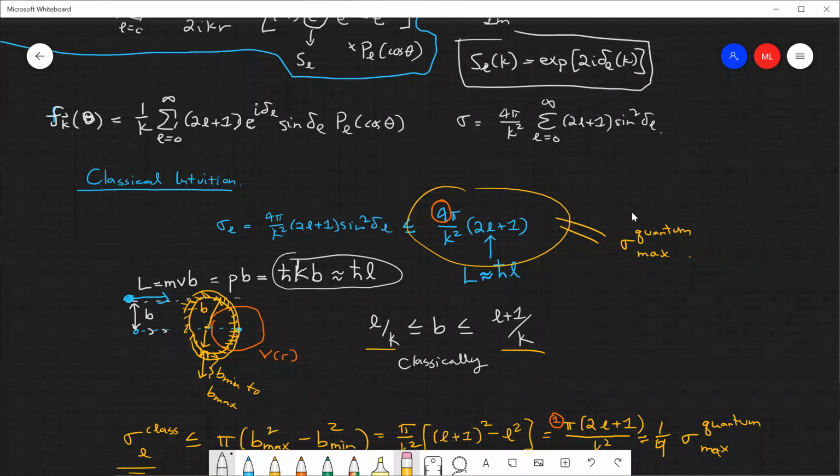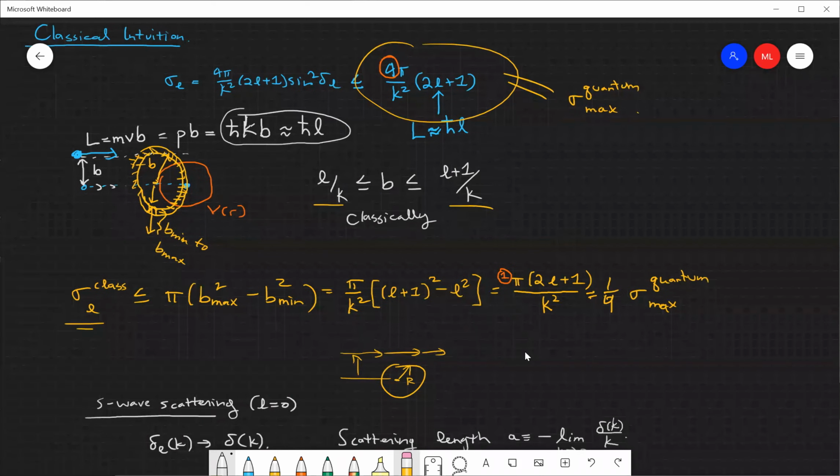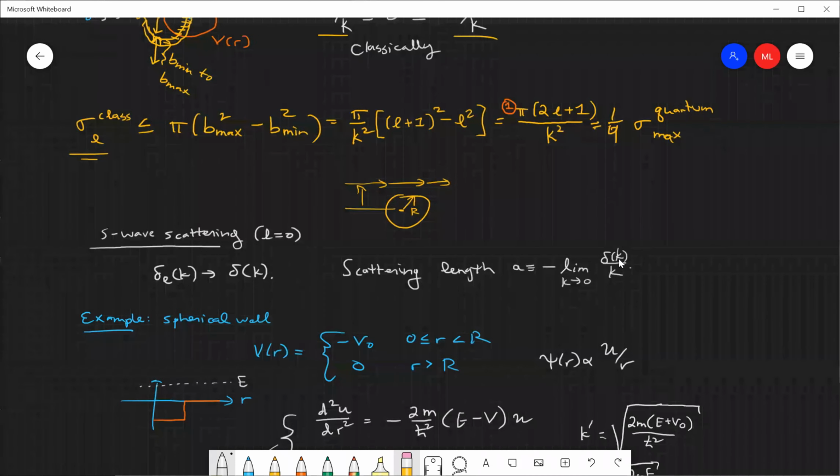And I also mentioned that it's nice to think about what the scattering length is, which is the phase shift divided by the incoming momentum as you send k to 0. And we could also calculate that to get some intuition for what kind of scattering length we would get for this square well potential, for this kind of spherical well potential.